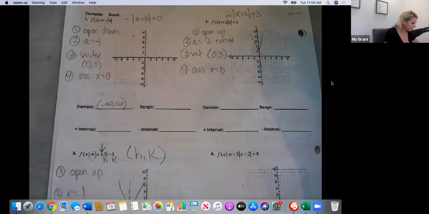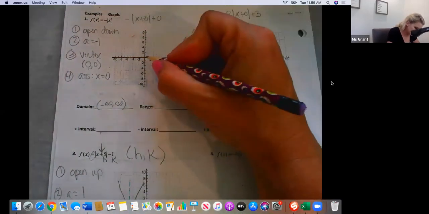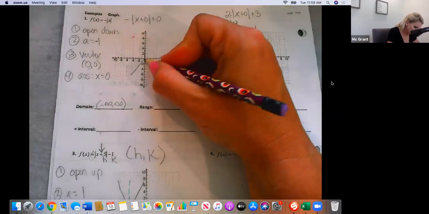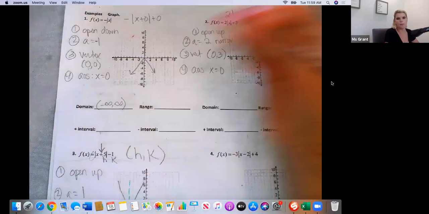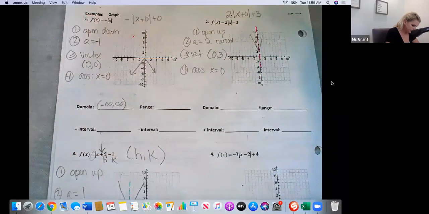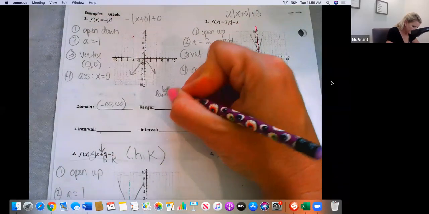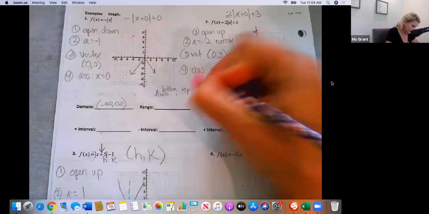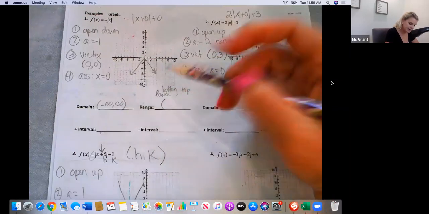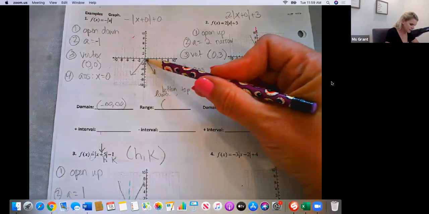Now, my range, remember this opens downward, guys, like this. My range is going to be the bottom to the top, -infinity all the way to 0.